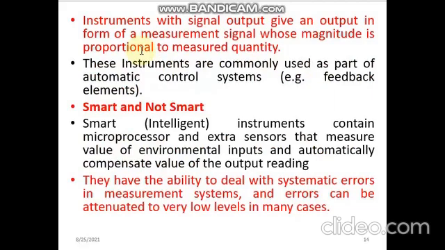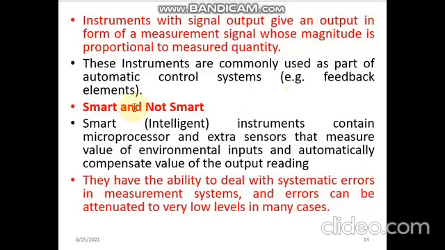It will change the operation, either the speed or anything of the system under control. So these instruments are commonly used as part of automatic control systems, that is, the feedback control system, as I've just said.